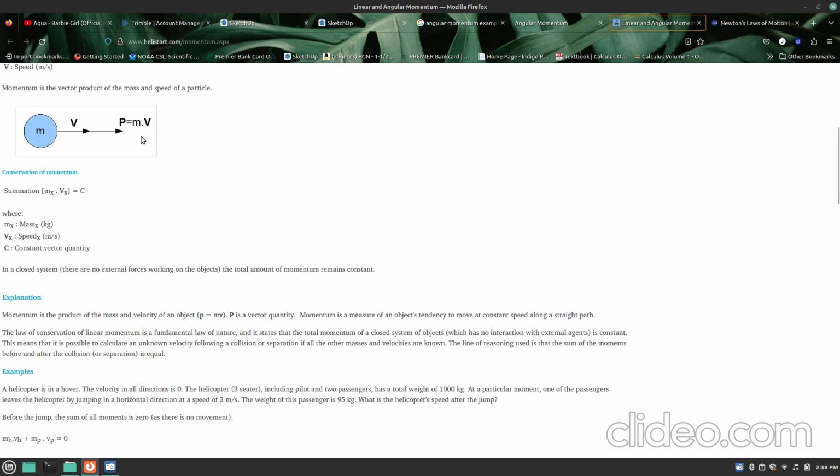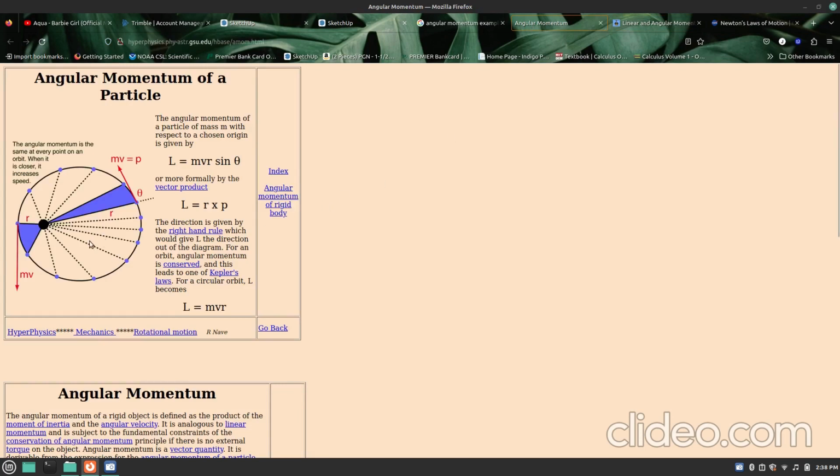And then with angular momentum, this is HyperPhysics, and it tells us how to quantify centripetal force. And as you notice, it's not centered right here, and it can show inverse square law like the Earth orbiting the sun, or even a perpetual wheel like Besser's rotating.